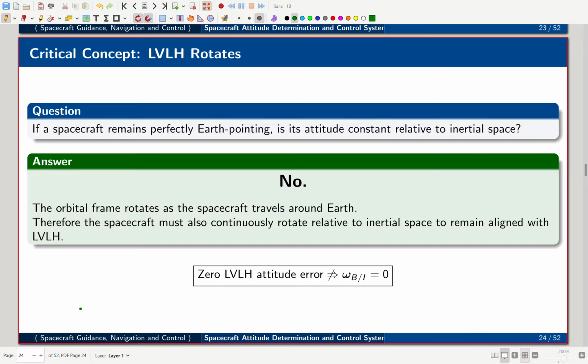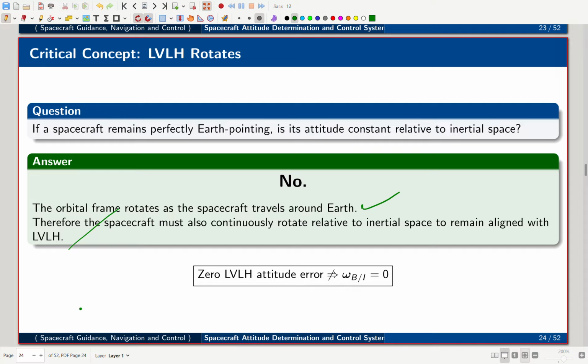So critical concept: local vertical, local horizontal rotates. Question: if a spacecraft remains perfectly Earth pointing, is its attitude constant relative to inertial space? No, right? Because the orbital frame rotates as the spacecraft travels around Earth. Therefore, the spacecraft must also continuously rotate relative to inertial space to remain aligned with the local vertical, local horizontal.